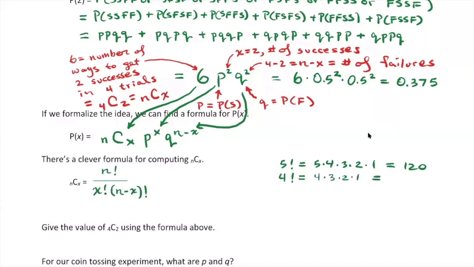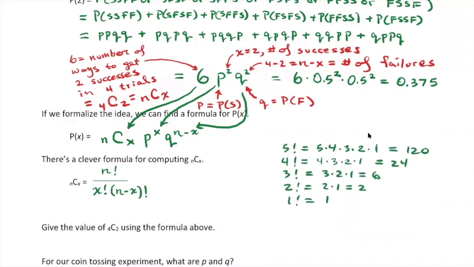So 4 times 3 is 12 times 2 is 24. 3 factorial is 3 times 2 times 1, which is 6. 2 factorial is 2 times 1, so that's just 2. And 1 factorial is just 1.